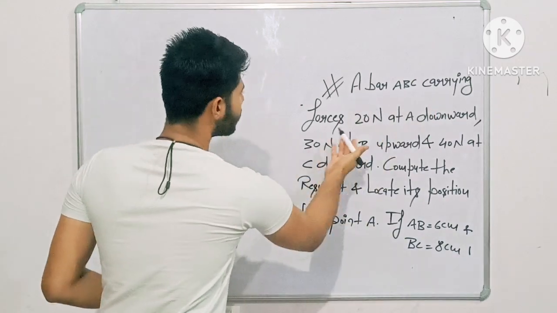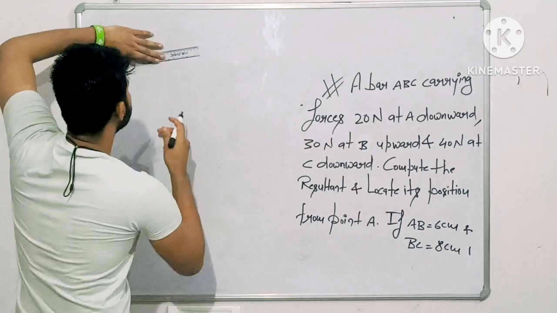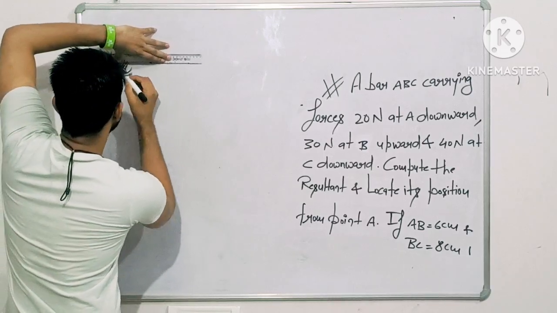A bar ABC carries a force of 20 Newton at A, downward. We have to make the bar first, ABC.